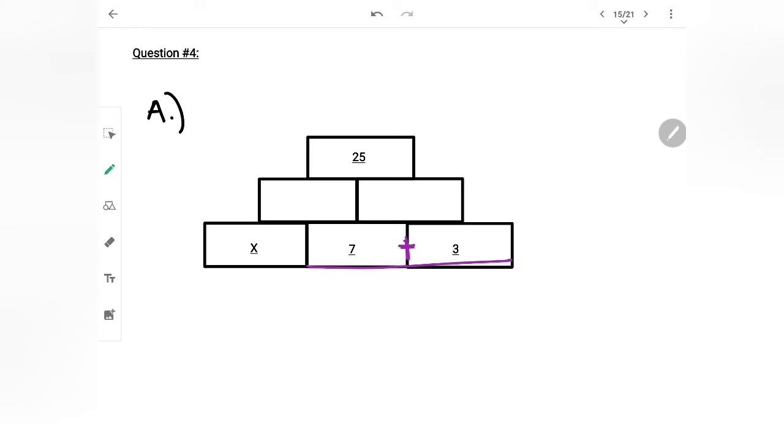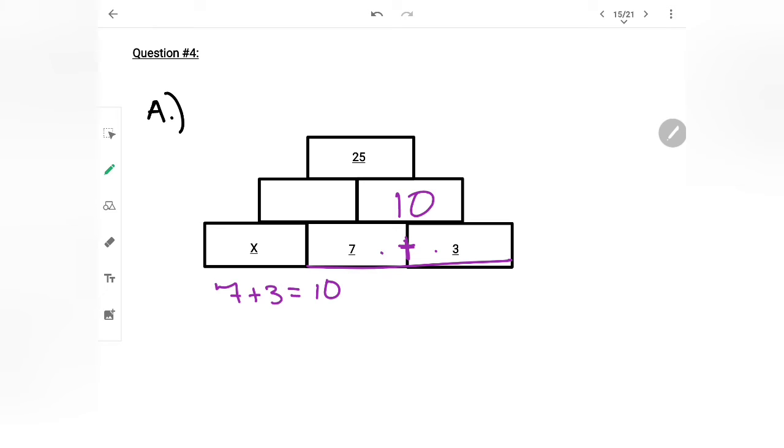So we're just going to write our equation 7 plus 3, which is going to be 10. And since we know 7 plus 3 is going to make this number up here, we know that that blank right there should be 10.